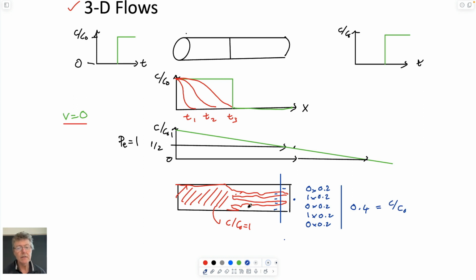So that's a better way to explain what's going on. So the reason this works this way is that you get this premature breakthrough, even though you've only put in a volume of pore fluid equal to half the length of the core. The effects of it are felt downstream, because in the high velocity channels you get stuff moving ahead of it either by advection or by the process of molecular diffusion.